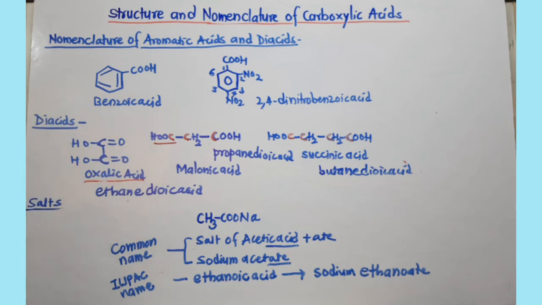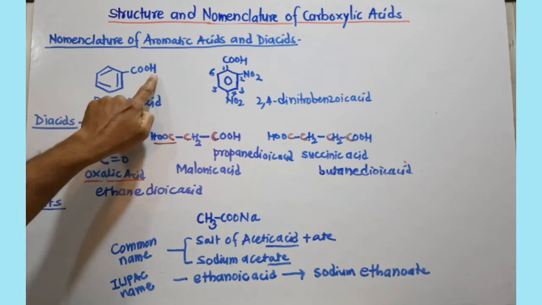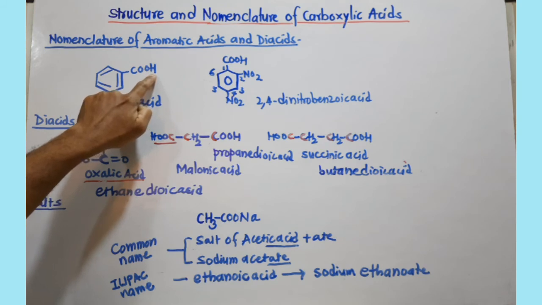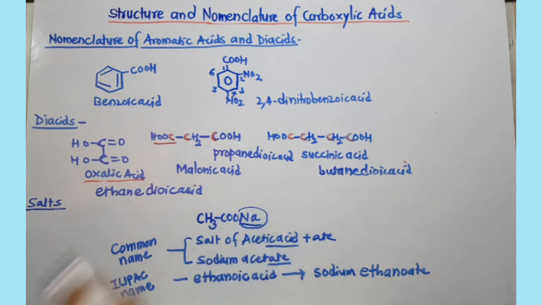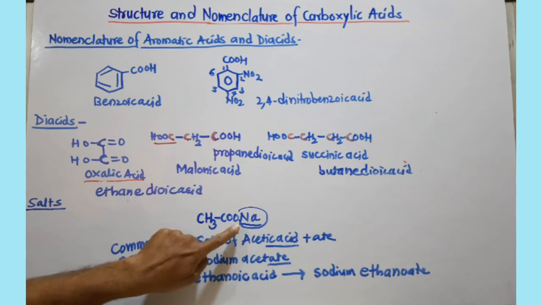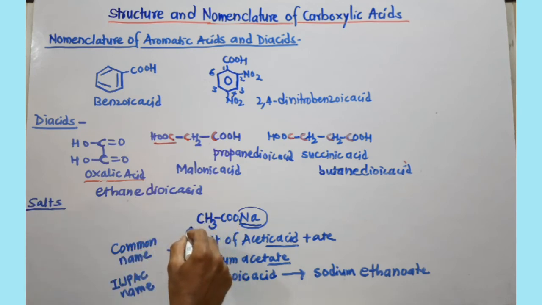Now we'll discuss the nomenclature of salts. Salts means when the hydrogen of a carboxylic acid is replaced with a metal. So this metal is there, sodium. In that case, you have to write the name of that metal first. You can write here sodium, and then the remaining portion.